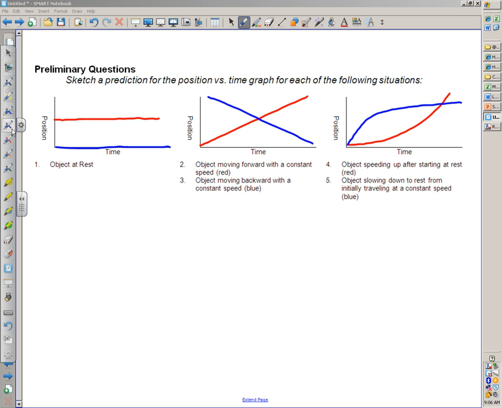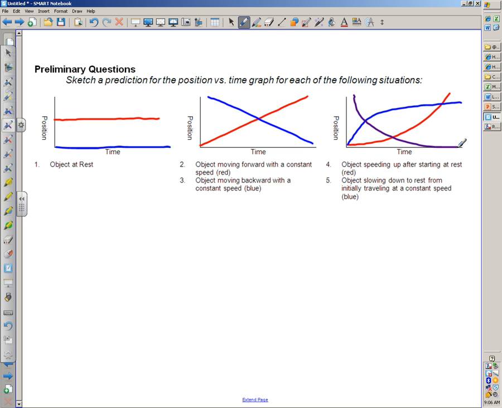Did anybody draw this? Yes. Okay. What's different about this blue line versus this purple line? They are flips. It's going backwards.